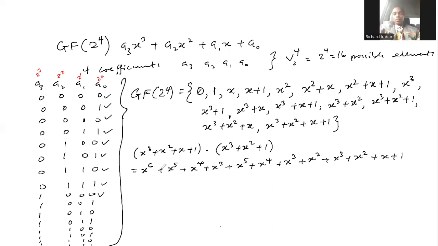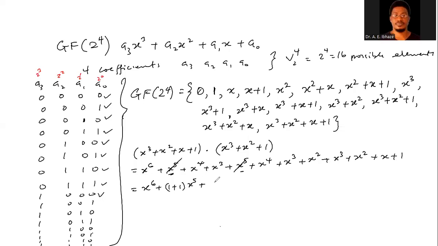So let us collect like terms. So this will be x to the power of 6. So x to the 5, we have x to the 5 here, x to the 5 here. So that would be plus 1 plus 1, x to the 5, right? So we have taken care of this, all right? So is there any other? So the next is x to the 4. How many do we have? We have 2 of it.